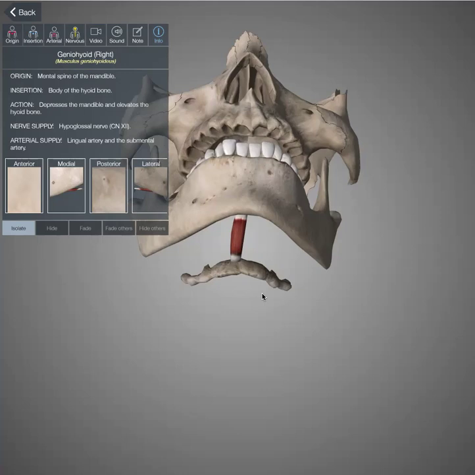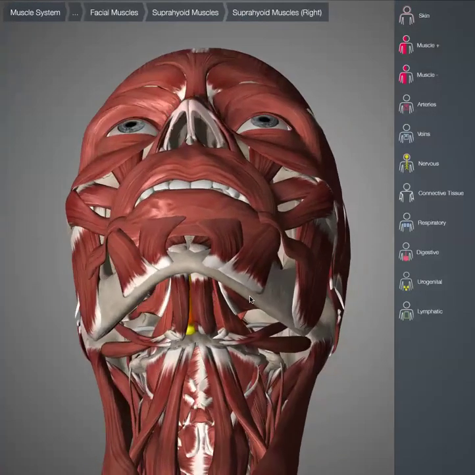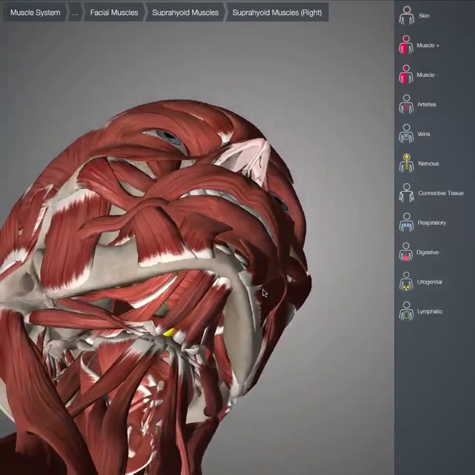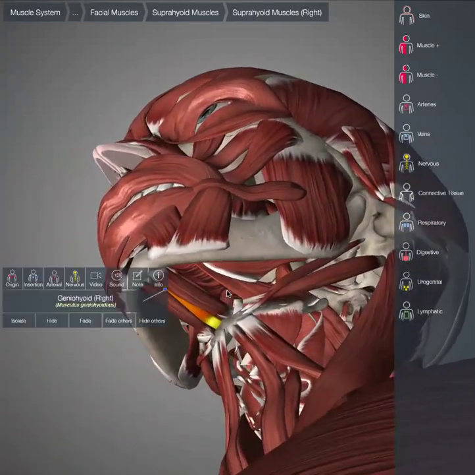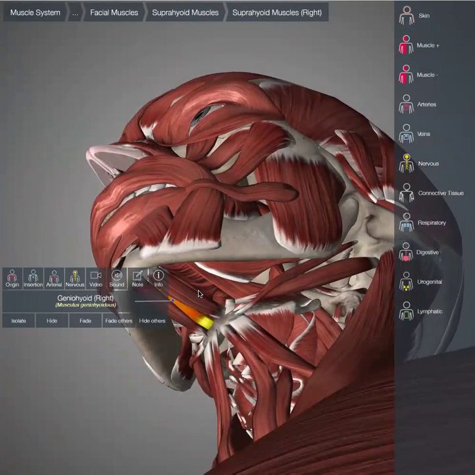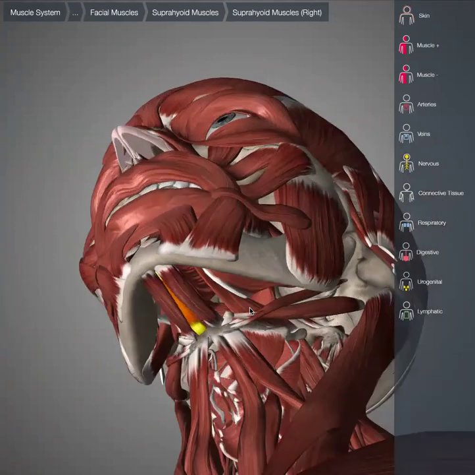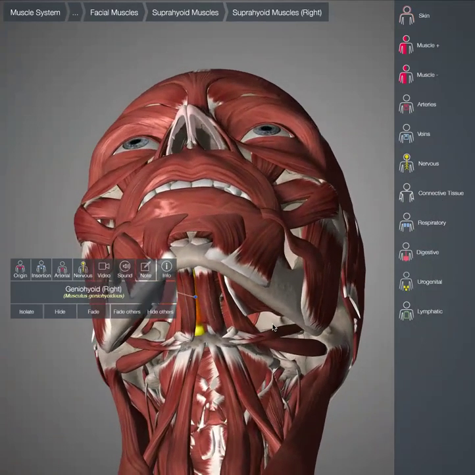Nerve supply, the hypoglossal nerve. If you remember, this is cranial nerve number 12. It has a separate path from everything.